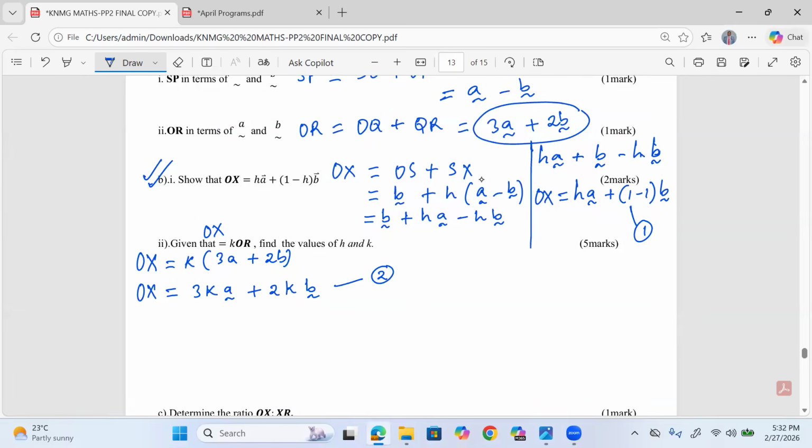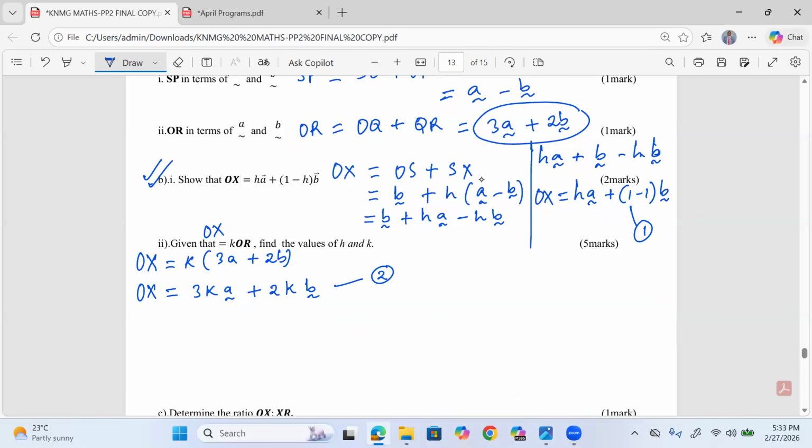Because these are two expressions that are giving us vector OX, vector OX has been expressed in two different ways. So to find the constants involved, we need to come up with simultaneous equations such that the coefficients of each vector will give us an equation.